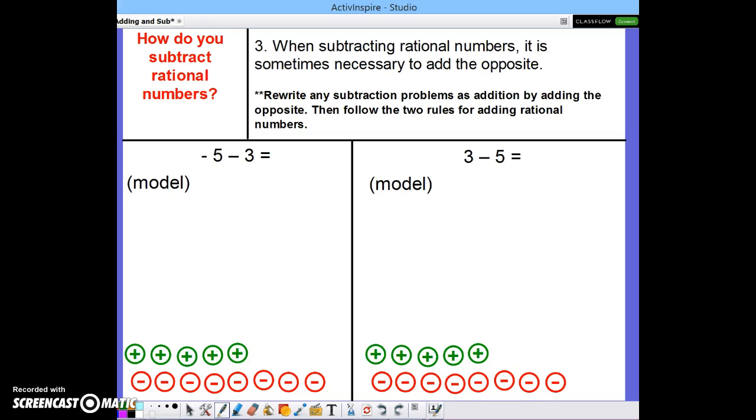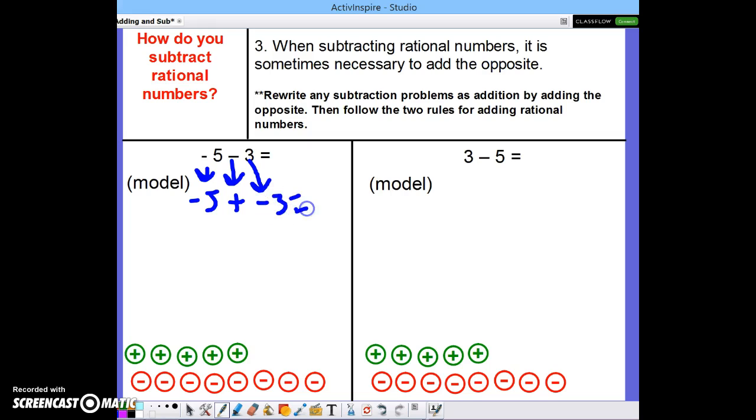So our first example says negative 5 minus 3. So it says negative 5, and then it's asking me to take away 3 positives. I don't have 3 positives to take away if I'm starting with negative 5. So what we're going to do is add the opposite. So I'm going to keep my negative 5, turn my subtraction into an addition, and then opposite of 3 is negative 3.